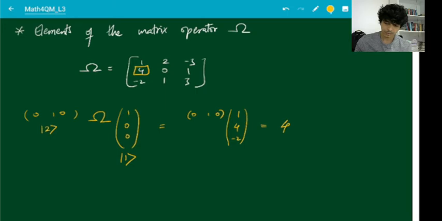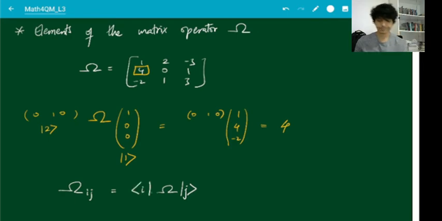So in general, if you want the ijth element of any matrix operator, you take the operator omega, put the ket j on one side and put the bra i on the other side. Whenever you see an object like this, there is an operator or a matrix in the middle.